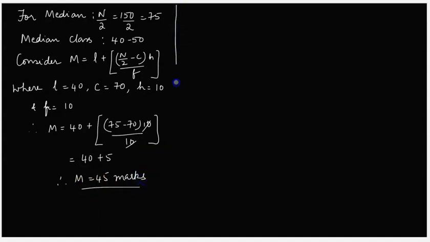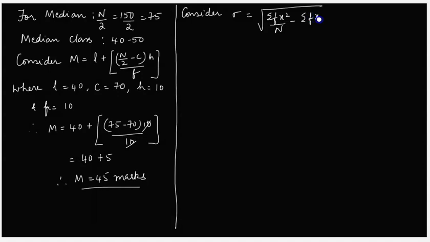Now the next calculation is the standard deviation. So consider the formula of the standard deviation for continuous data, that is sigma is equal to root of summation fx square by capital N minus (summation fx by N) the whole square. So which is equal to root of 3,09,350 divided by 150 minus summation fx by N, which is nothing but x bar, that is 39.27, the whole square.